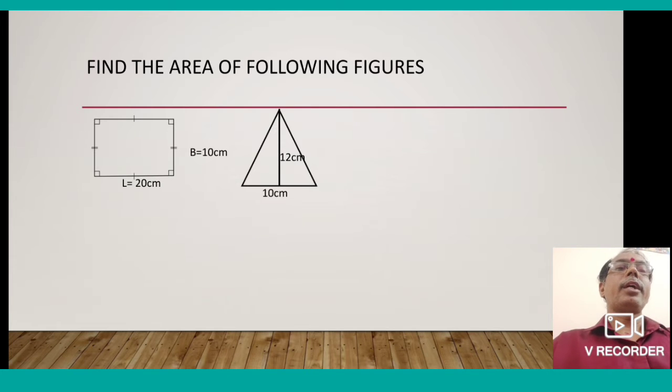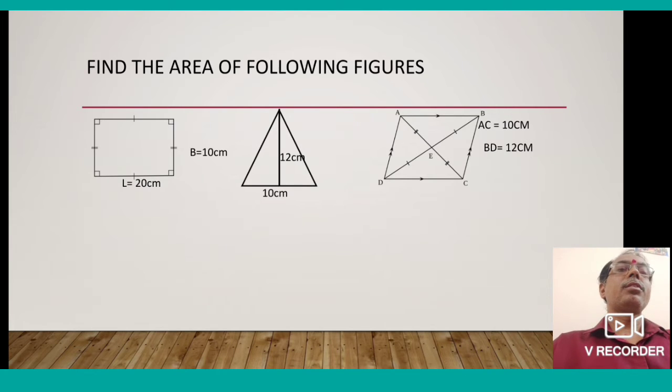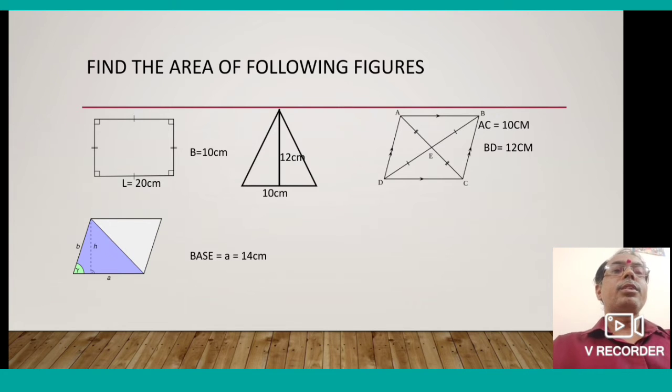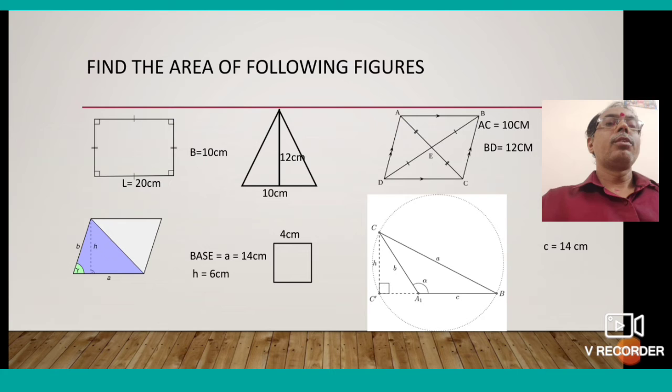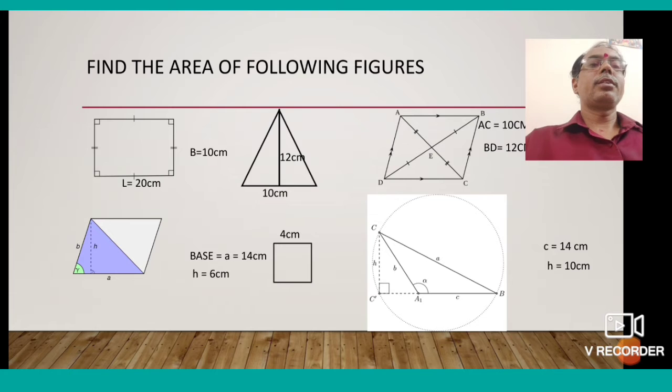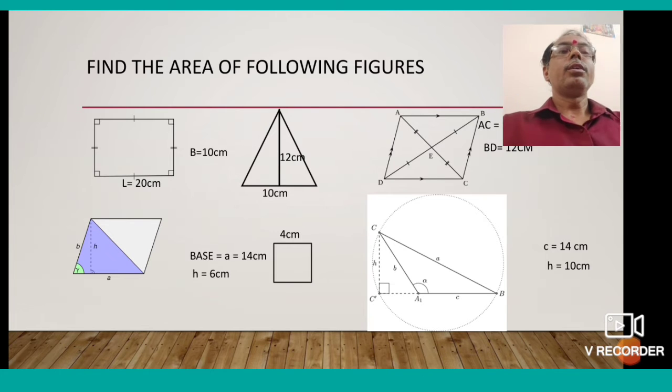A triangle with base 10 cm, height 12 cm, and a rhombus whose diagonal AC is 10 cm and other diagonal BD is 12 cm, and this one is a parallelogram, base taken as A 14 cm, height 6 cm, and then a square of side 4 cm, and an obtuse angle triangle whose base is 14 centimeters and height is 10 centimeters. Now we need to find these areas using the appropriate formulas.